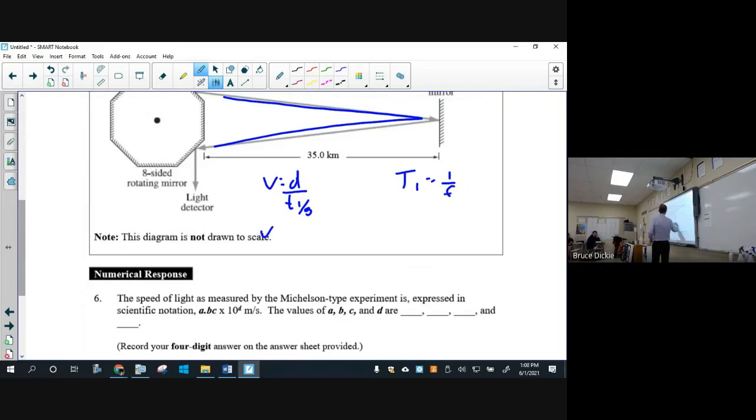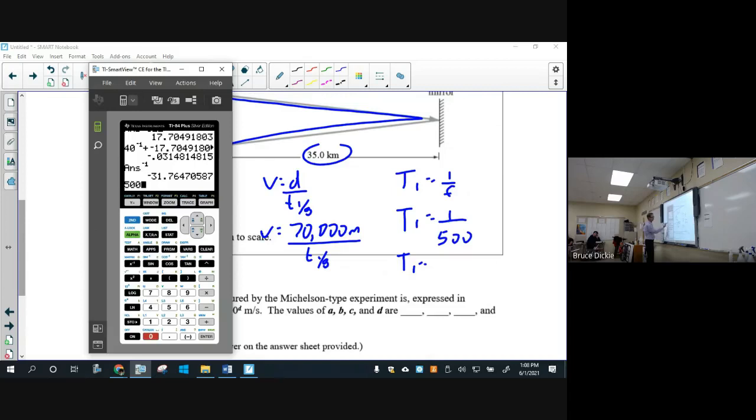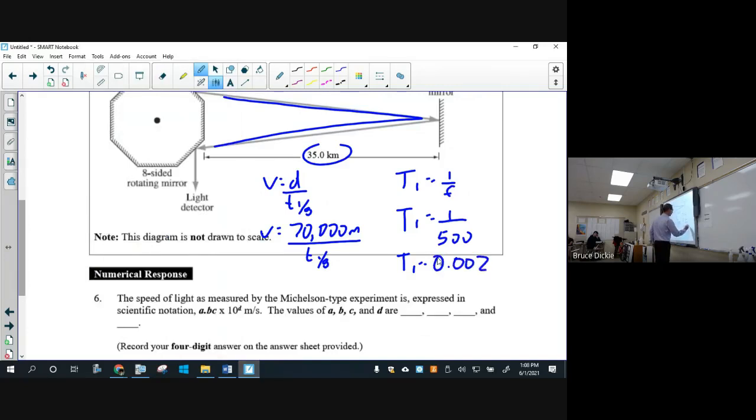Looking for the speed. Distance is 70,000 meters, 35 times 2, but in meters. All right, T, don't know, but we know the frequency. 1 over 500, 0.002. You guys remember what I said you get? A time that you don't want. How do you get the time that you want?